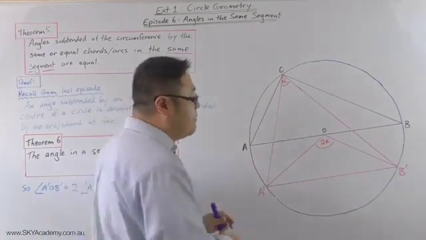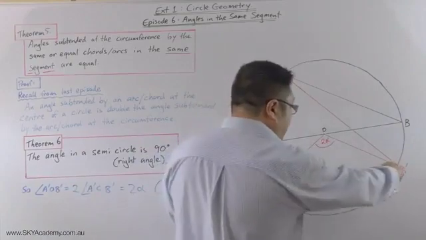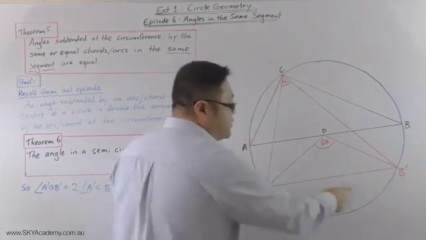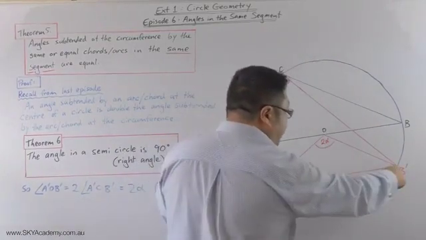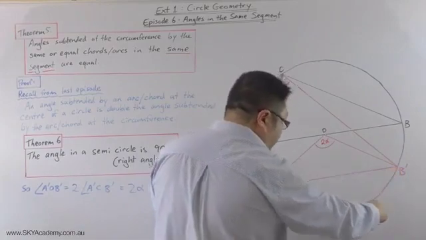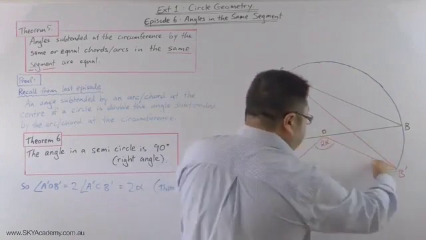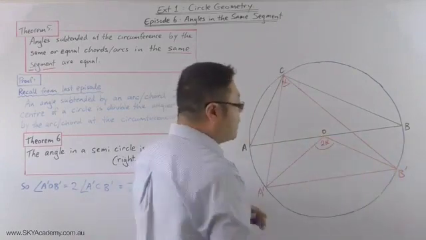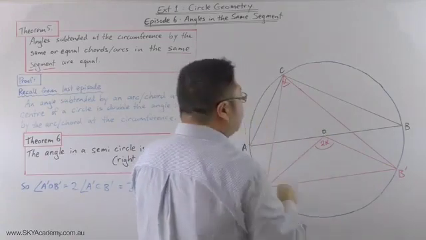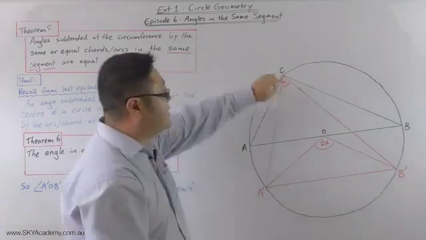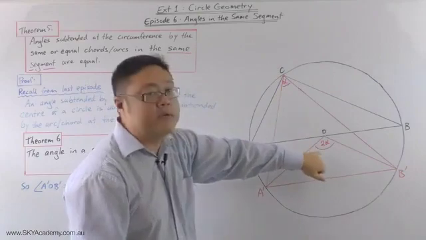Basically, when you've got an arc or a chord, let's say the chord A dash B dash, then the angle subtended at the center by the ends of the chord is going to be double the angle subtended at the circumference, say at point C.